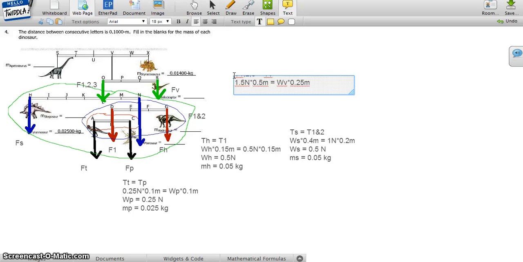That means that the weight of the velociraptor is 0.3 newtons, which means that the mass of the velociraptor is 0.03 kilograms.